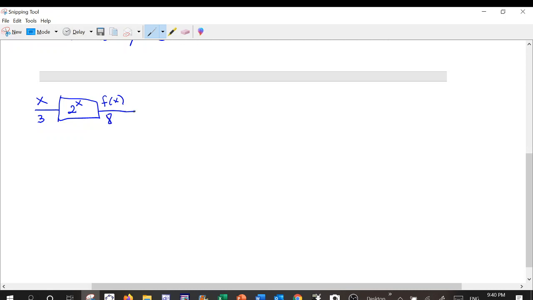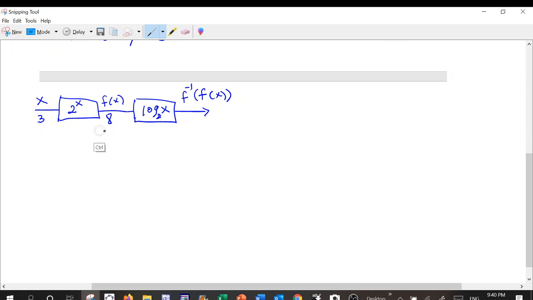Now, what if I take this and I put it in the inverse function, which is what? Log base 2 of x. That's the inverse. This is the inverse of that. So what comes out is going to be, now remember this is f inverse, so it's going to be f inverse of f of x.